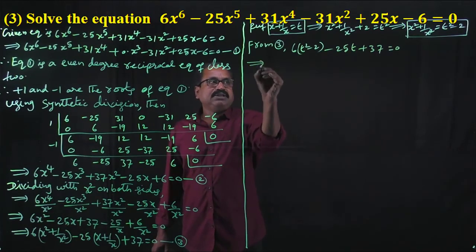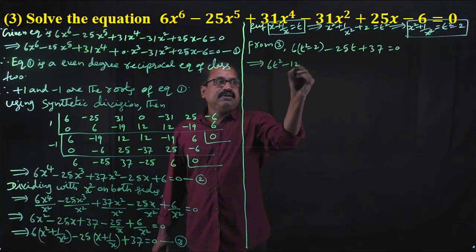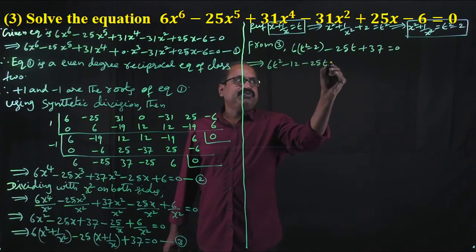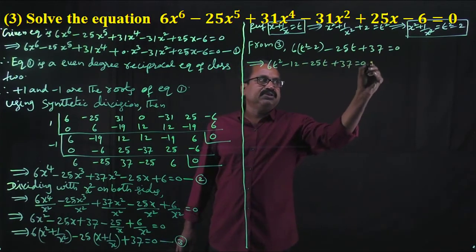So this implies 6t square minus 12 minus 25t plus 37 is equal to 0.